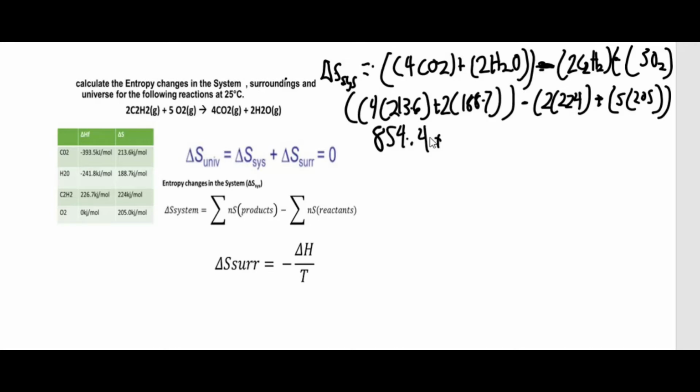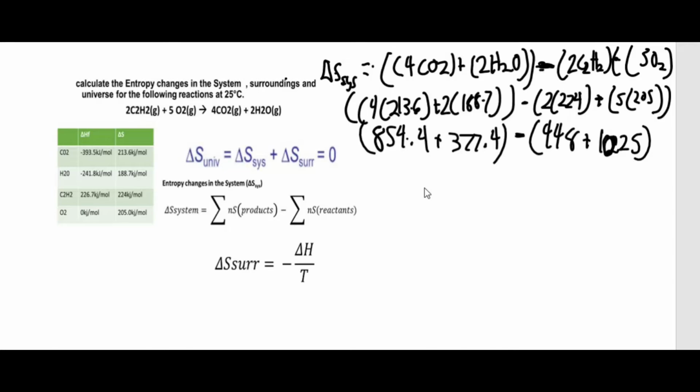That's 377.4, minus 2 times 224, parenthesis 448, plus 5 times 205. That's 1025. There we go, 1025.